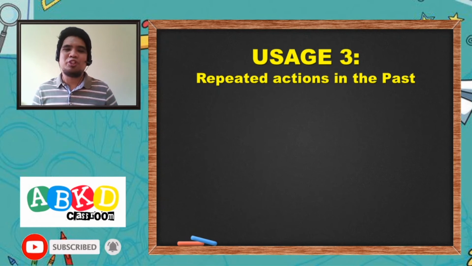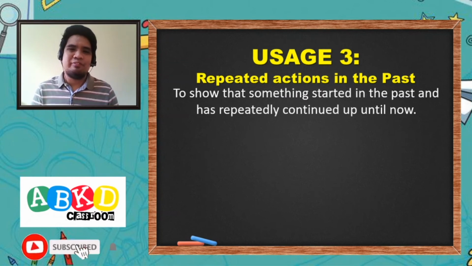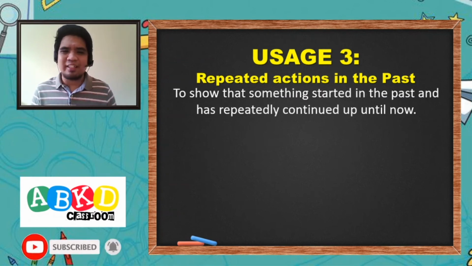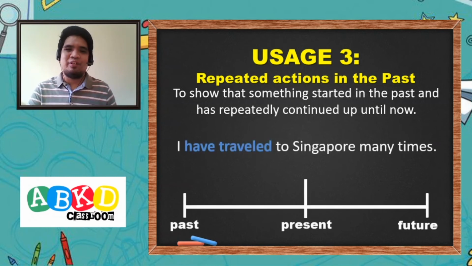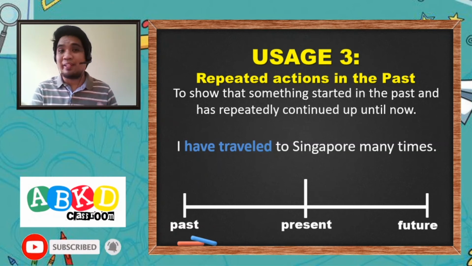Let's have the usage number 3. We're going to use present perfect tense when we are talking about an action that is repeated in the past and there's a possibility that it will be repeated. To show that something started in the past and has repeatedly continued up until now. Okay, for example, this sentence. I have traveled to Singapore many times.